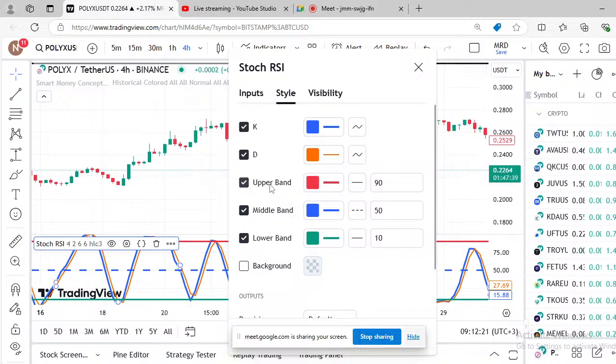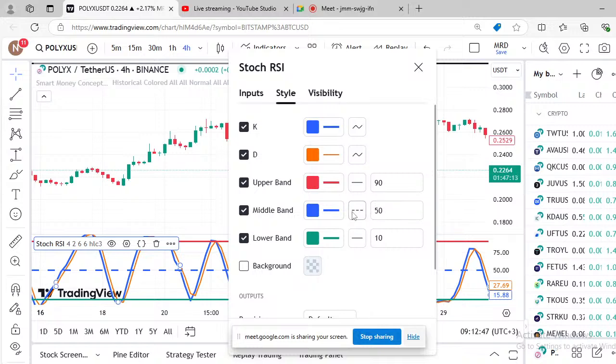Now, from there, we have upper band. Upper band is the overbought region, which is 90. Then we have middle band. Middle band is 50-50.